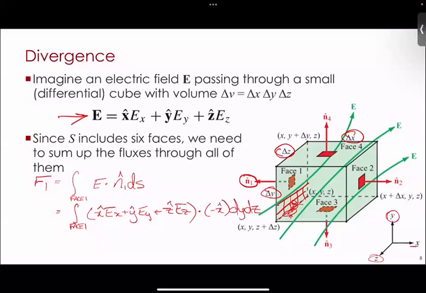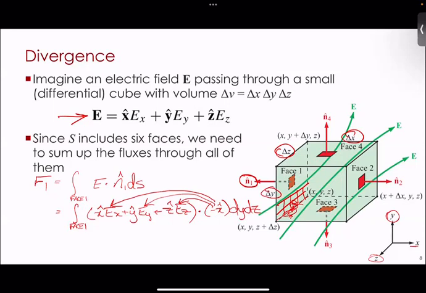Okay, now we've got to do this dot product. We've got to do the dot product of that one and that one and that one. Let's start with this one, y hat dot minus x hat. That's 0, because x hat and y hat are perpendicular. Boom, 0.